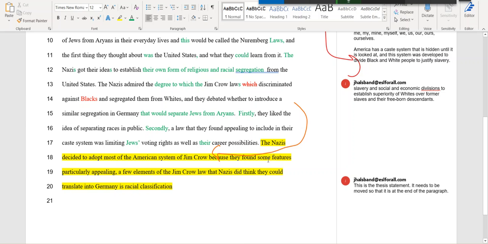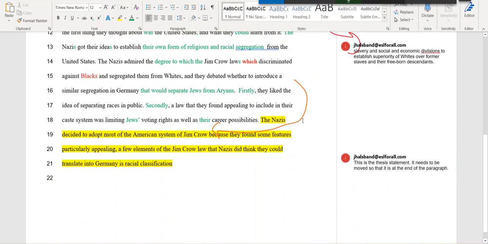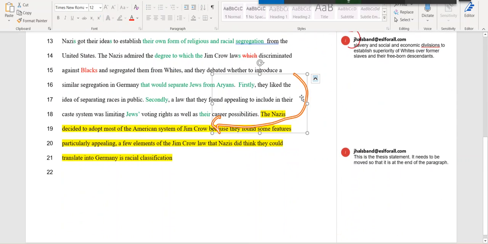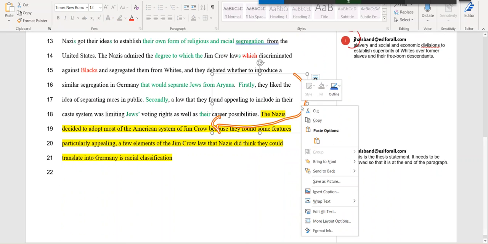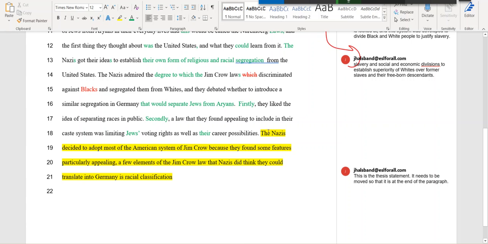The Nazis decided, now we can cut that and delete that, and we can get rid of the highlighting.